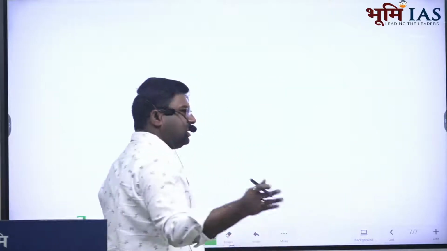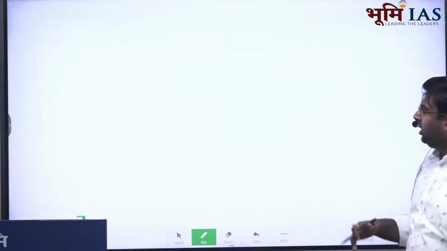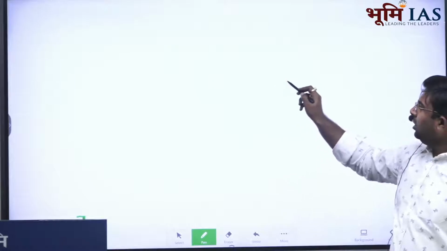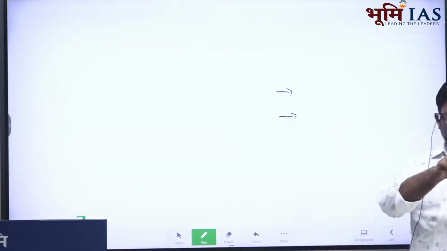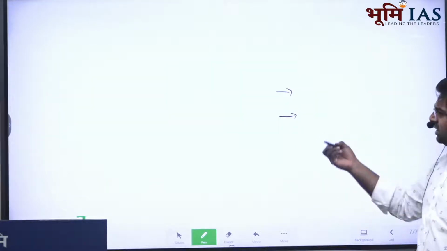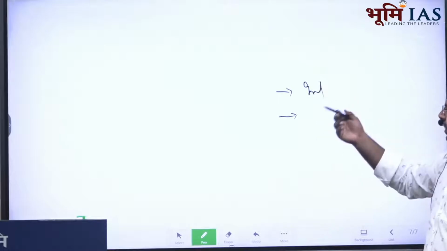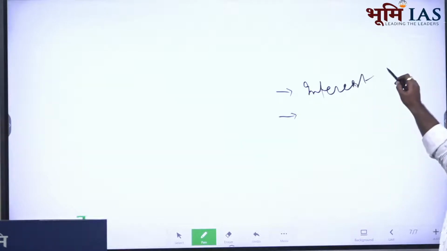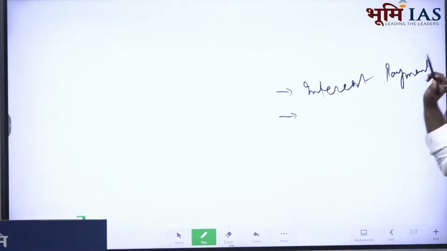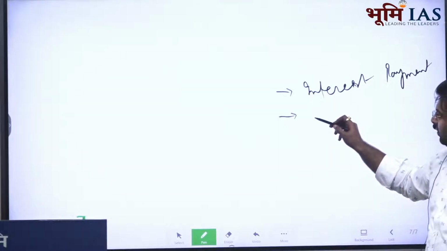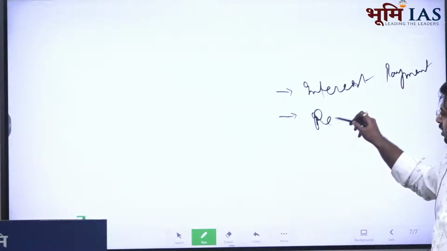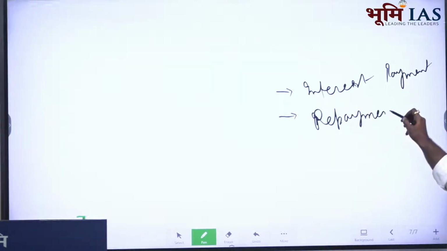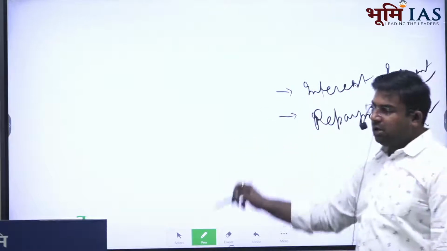Now a very famous example which is always discussed by any teacher who teaches this topic of BOP in the context of capital account, a very famous debate related to capital account: if I mention two types of transactions, one in the name of interest payment, and the other in the name of repayment of loan, which transaction will be placed under capital account out of these two?